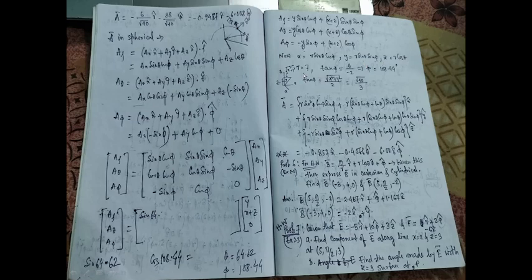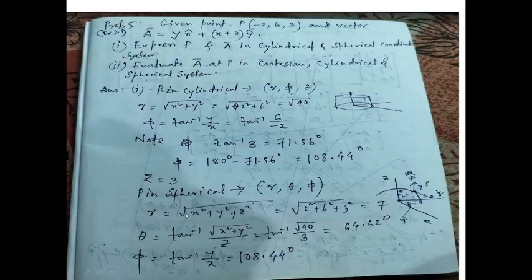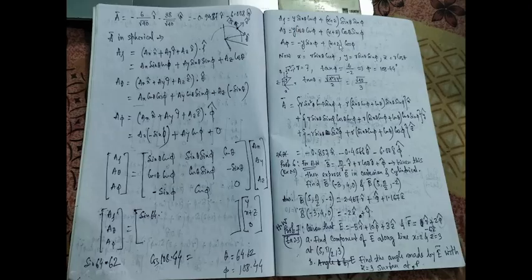Now we have computed the value of this R. R means rho. This is 7, the radius value for the point minus 2, 6, 3. So here you put the value of x, y and z.